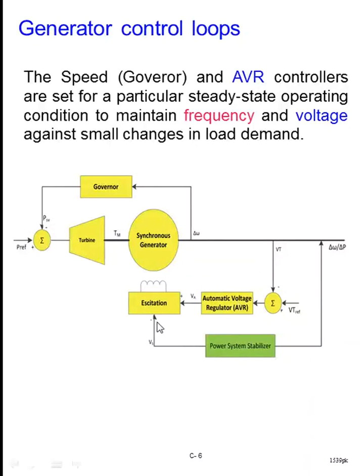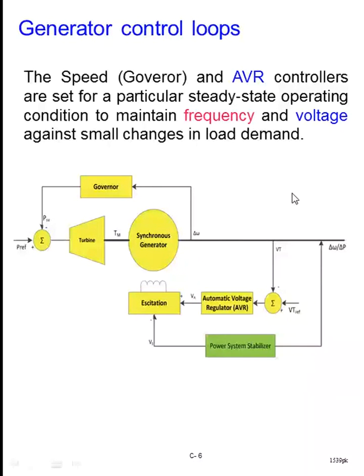So in fact it has to be through the AVR part, you can say. So that is the complete loop, the two loops for the frequency and the voltage control whenever there are some changes on the load side here.